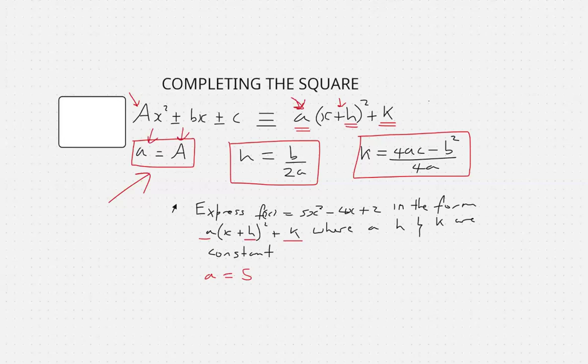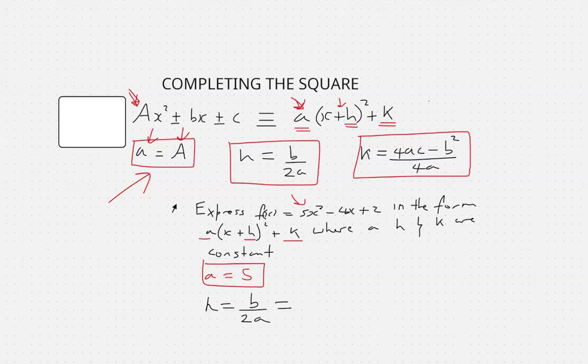Now H is equal to, look at the formula for H, B over 2A. Look at where the B is. It's in front of the X. So which number is in front of the X right here?